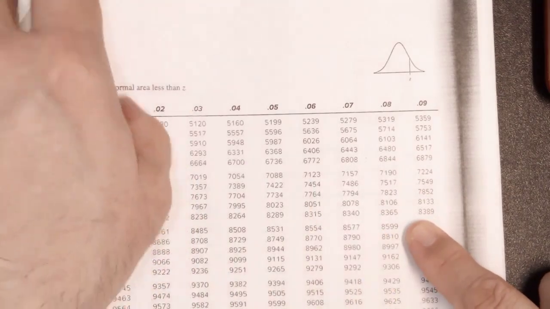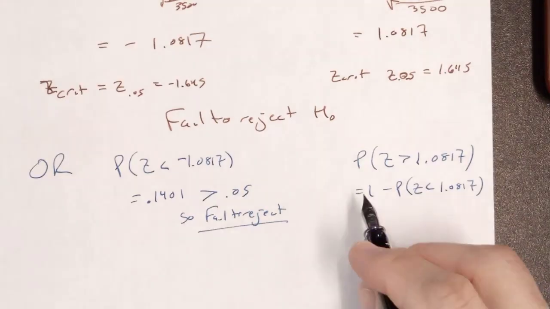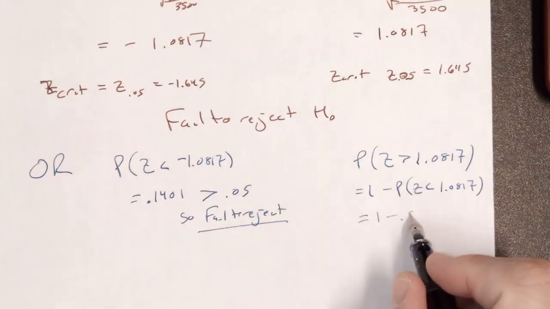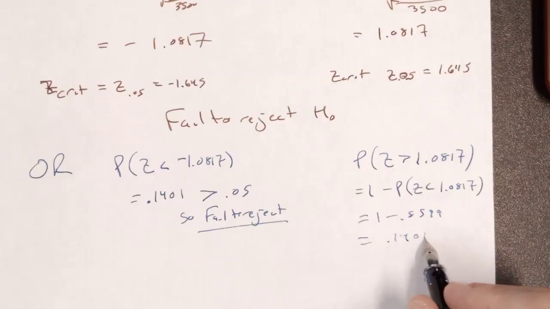Wonderful. But it's 0.8599 being subtracted from 1, right? 1 minus 0.8599, which by the way is exactly 0.1401.